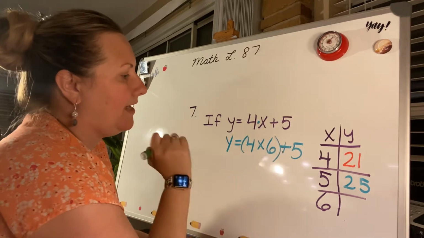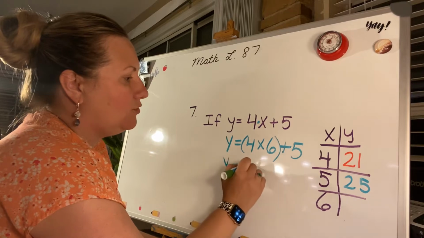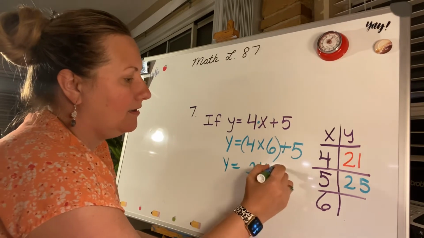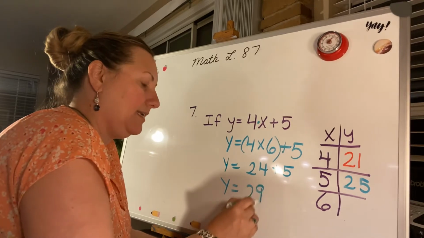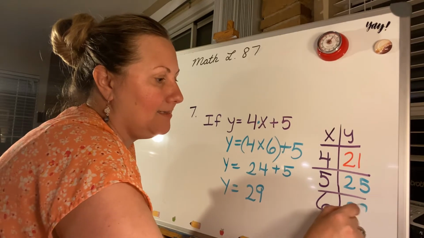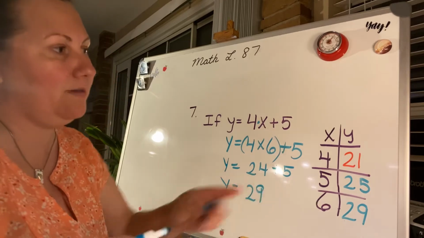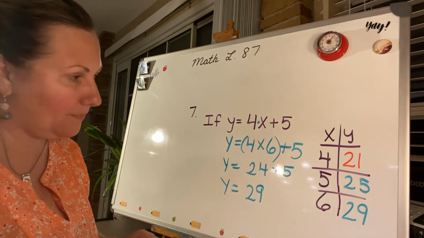Okay, plus 5. So y is 24 plus 5, and we know that that is 29. And that is the number 29 that represents the y here.